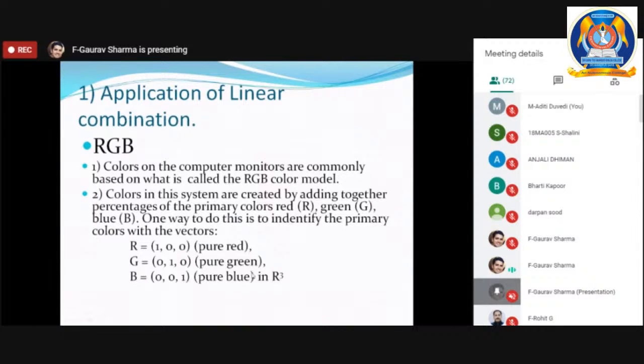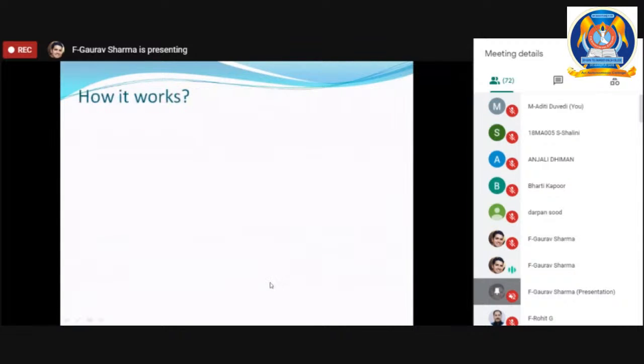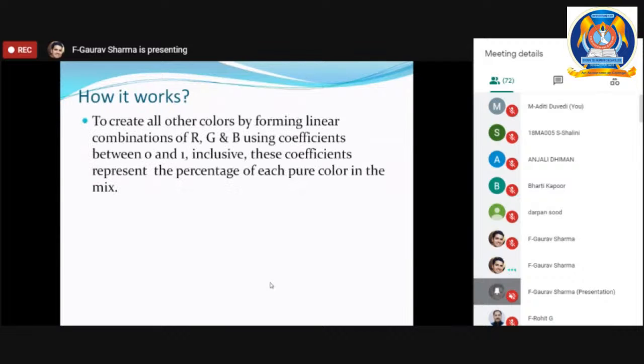Now it is just a standard basis. As you can see, I have taken red along the x-axis, green along the y-axis, and blue along the z-axis in R cube, in space coordinates. Now see how it works. To create all other colors, we form linear combinations of R, G, and B using coefficients between 0 and 1. These coefficients represent the percentage of each pure color in the mix.